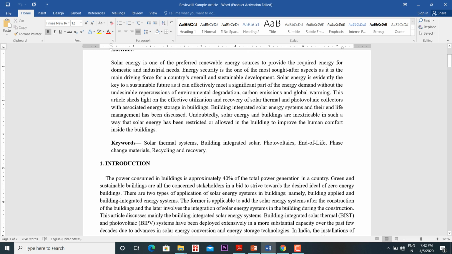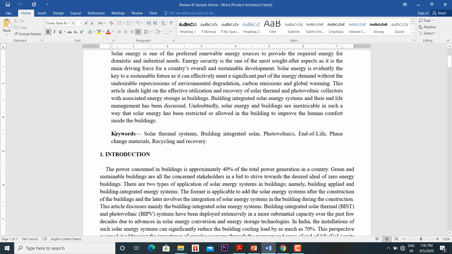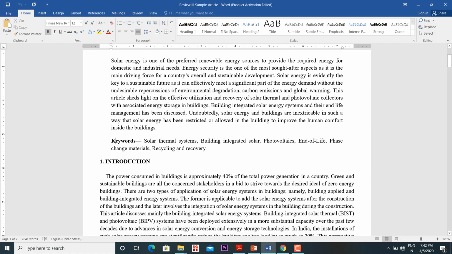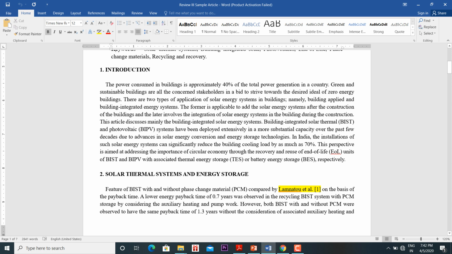For example, they have discussed recycling, recovery of building, integrated solar energy system. What are the keywords that you have to mention? Suppose you are talking about IC engines, you can mention some keywords related to IC engines. Okay, and then introduction. See, you can see here they have numbered each subheading: Introduction 1, solar thermal system 2.